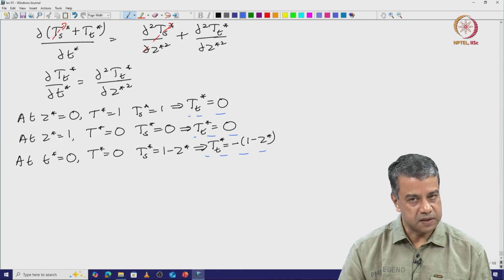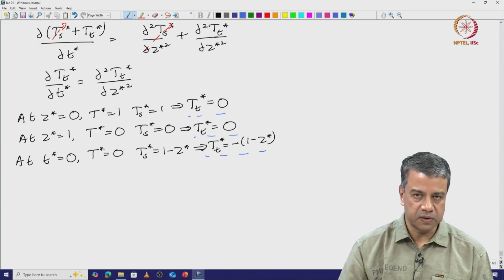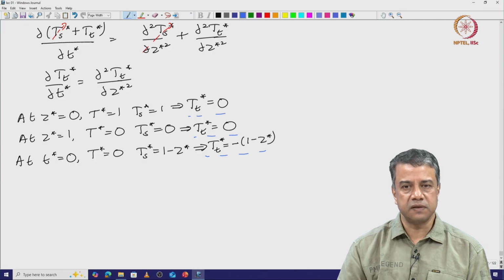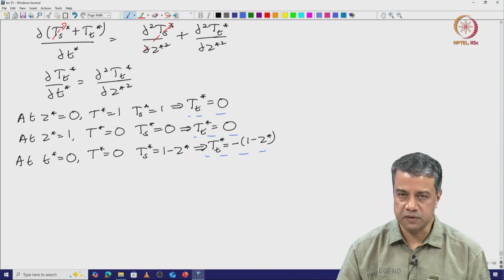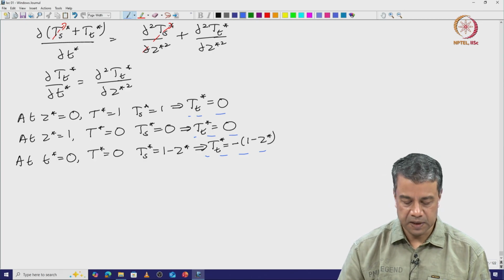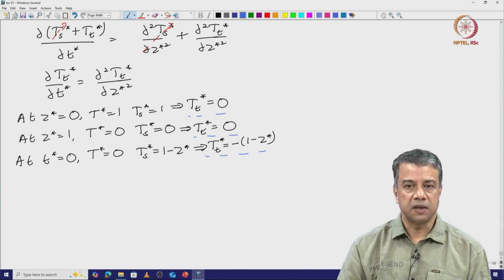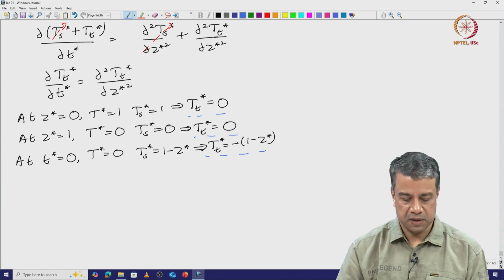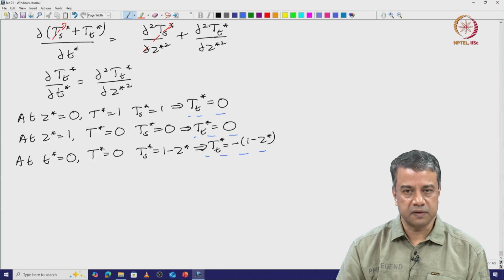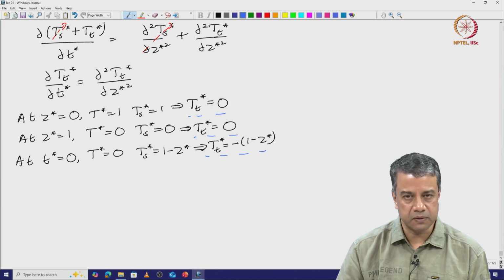If it is 0 at initial time and at both boundaries, then the solution is trivial. The transient part of the temperature is equal to 0 everywhere and for all time. But because the transient part of the temperature is non-zero at time t equal to 0, you have a non-trivial solution. So, the forcing for the transient part of the temperature is at time t equal to 0.